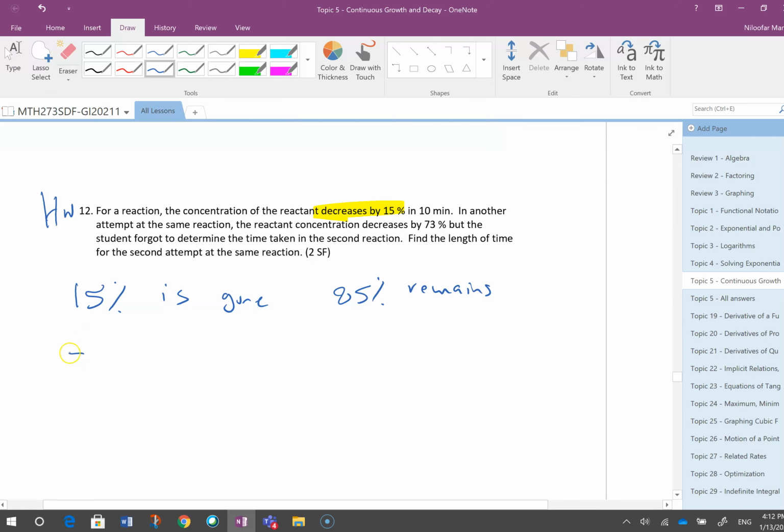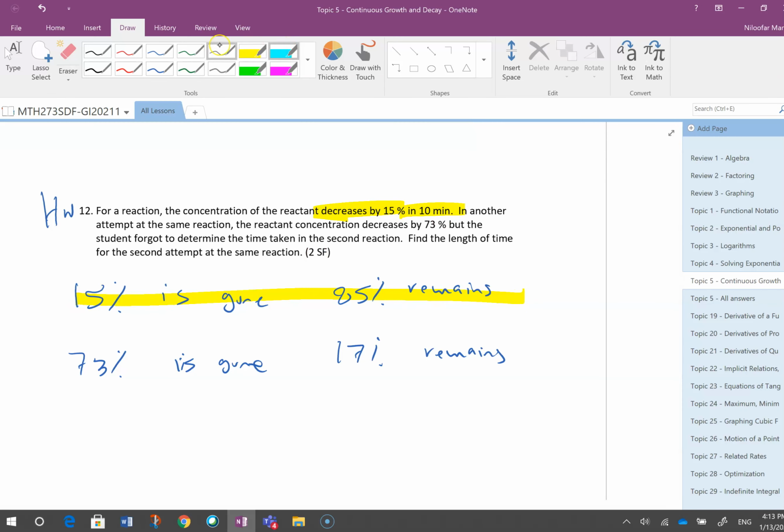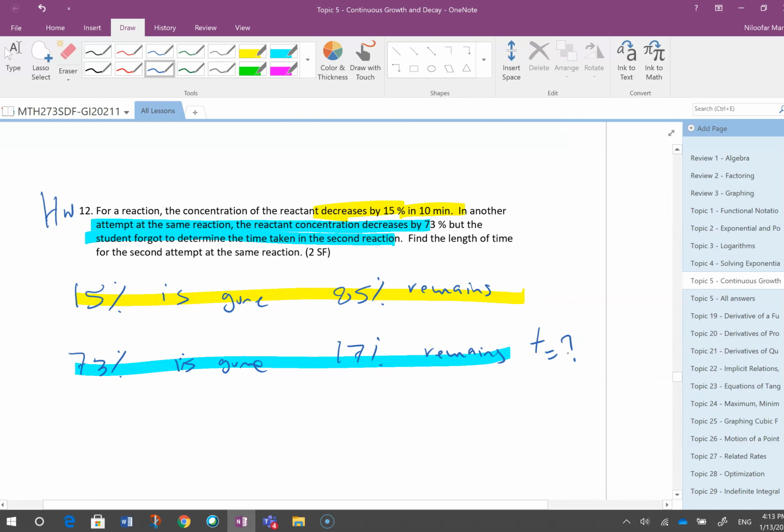So the second one, 73% is gone, and of course 27% remains. But the student forgot to determine the time taken in the second reaction. Here I know 10 minutes. Here I know 10 minutes. Here I don't know. We don't know the time, T we don't know. Find the length of the time for the second.